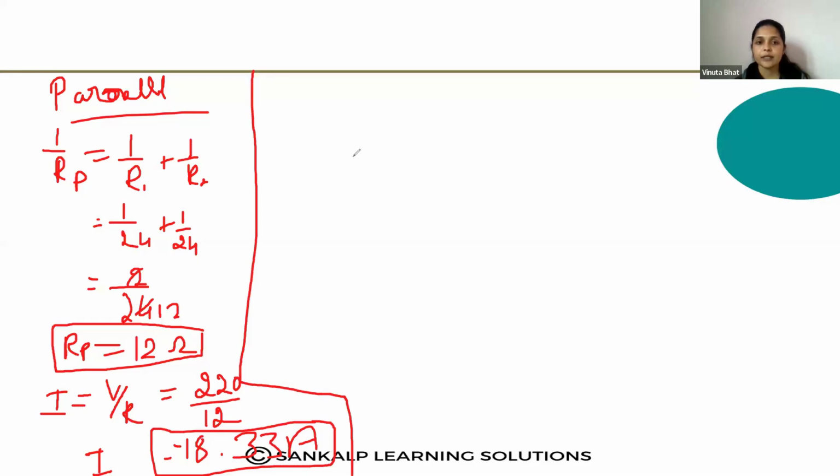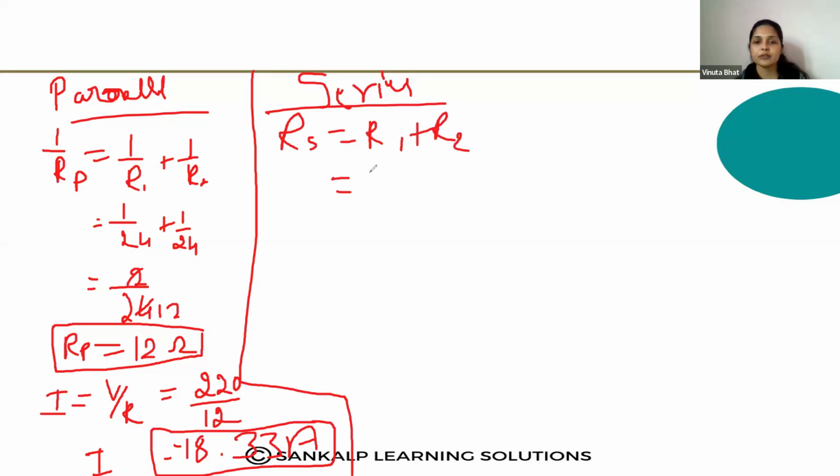Next, when they are connected in series, what is the value of current flow? You know the formula, Rs is equal to R1 plus R2. Here R1 is 24 ohm plus R2 is 24 ohm. Total resistance is equal to 48 ohm. Then you have to find out the current.